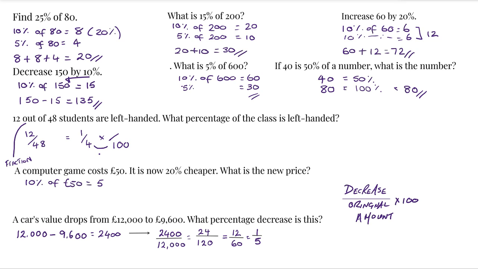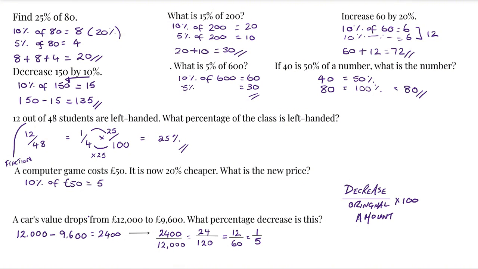So I know that 4 times 25 gives me 100. And what you do to the bottom, you do to the top. 1 times 25 equals 25 over 100, which we all know by now is 25%. So the answer is 25% of the class are left-handed.